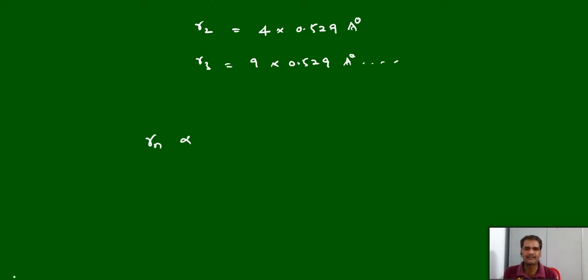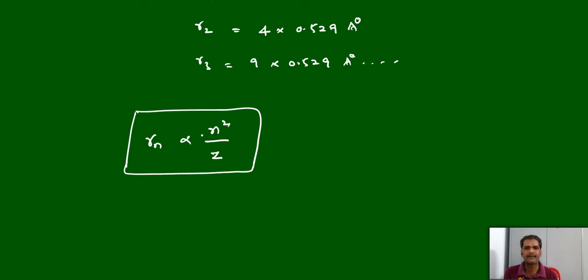Radius is proportional to n square by z. Means what? As the orbit number increases, radius increases. As the atomic number increases, radius decreases.